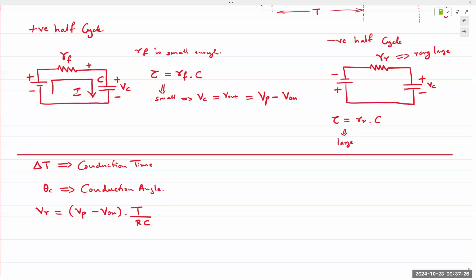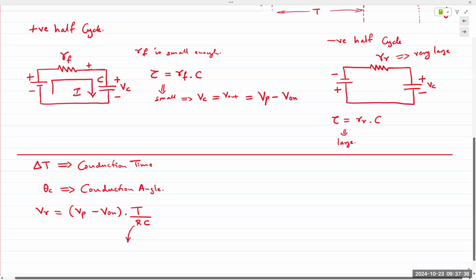So Vp minus V on times the time period divided by the time constant RC. All of the values are known. That begs the question, what is this R? And that brings me to that earlier point of the question that was asked, that R is basically the load.